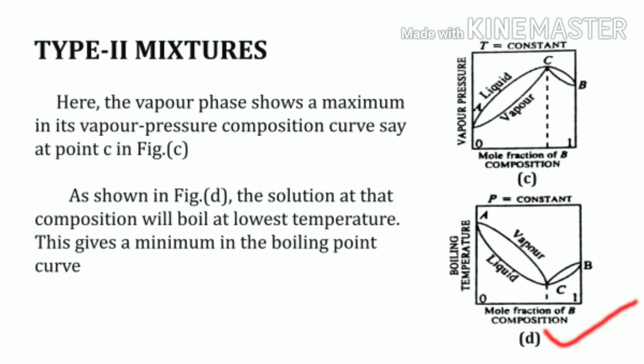Now as shown in figure D, the solution at that composition will boil at the lowest temperature, because the vapor pressure becomes maximum, meaning the boiling point becomes minimum. So this gives a minimum in the boiling point curve as shown in figure D, which is the temperature composition curve for the type 2 mixtures.